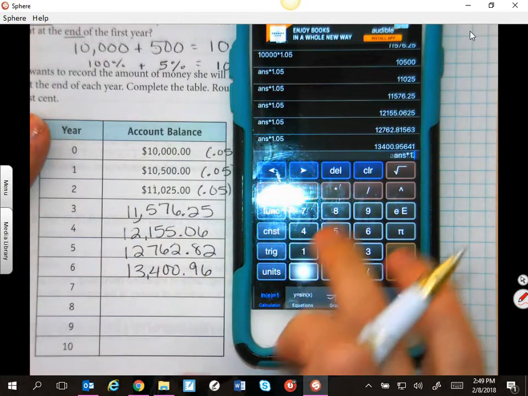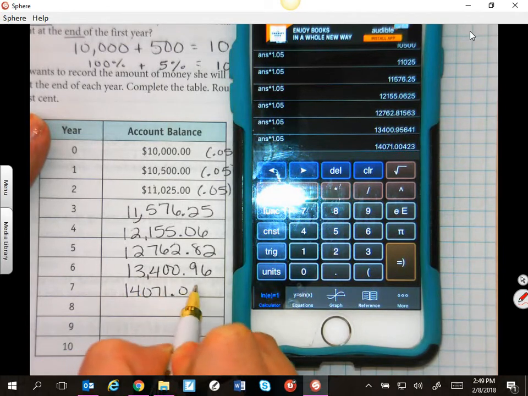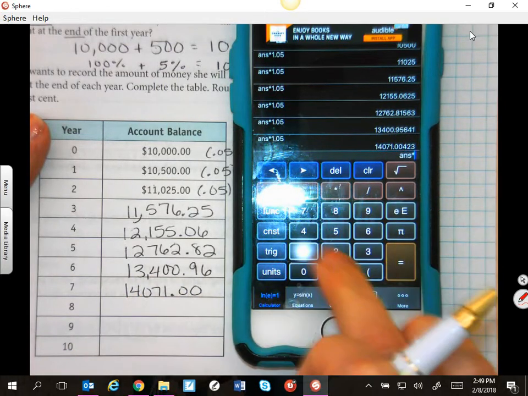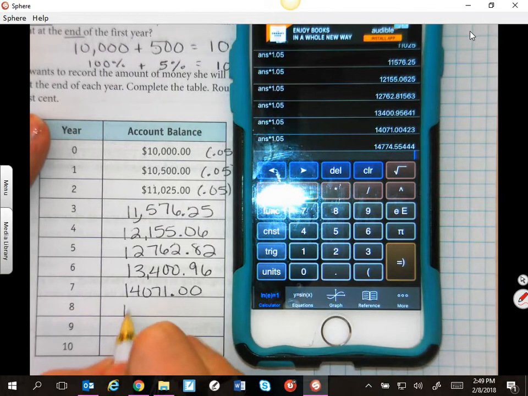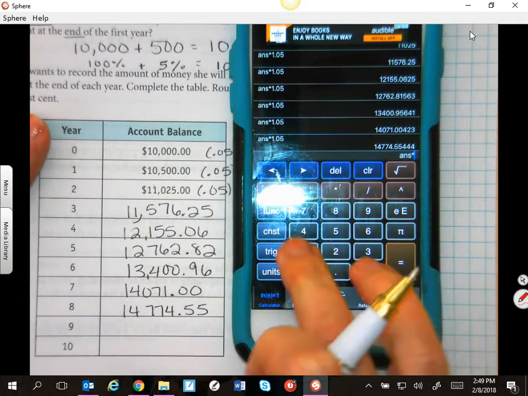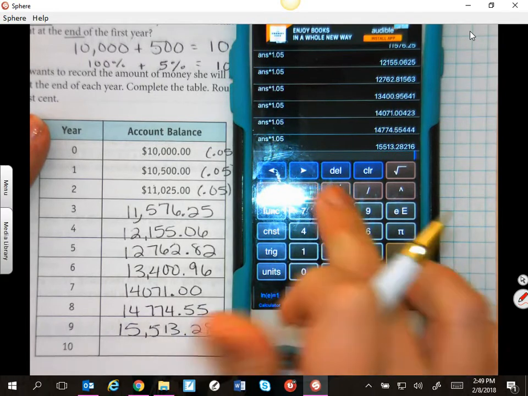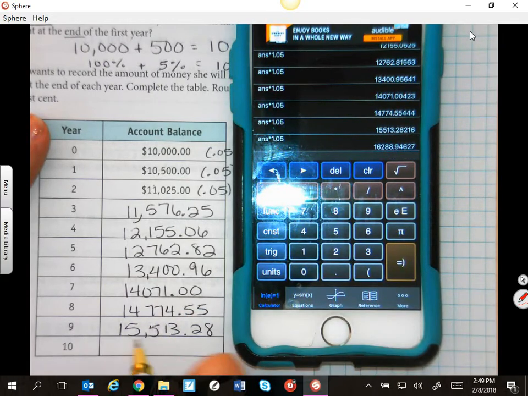So we can call this 13,496, and we're just going to keep going. Times 1.05, 14,774.55, times 1.05, 15,513.28, and one more time. So at the end of 10 years, she has $16,288.95.